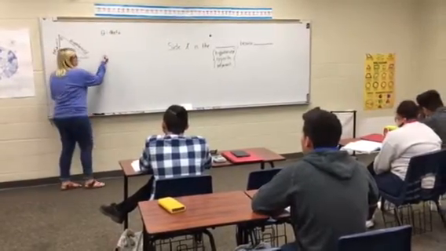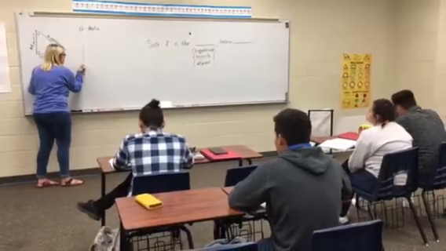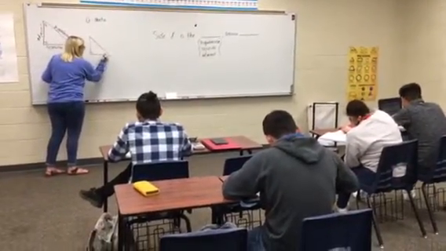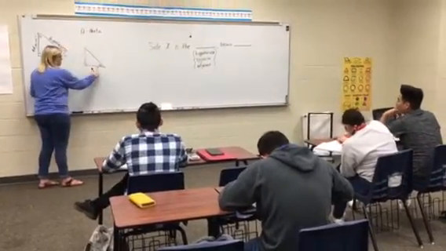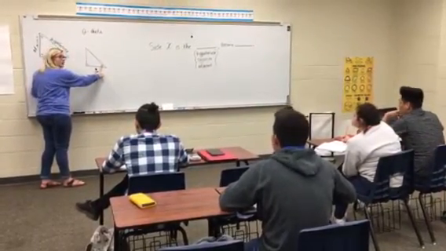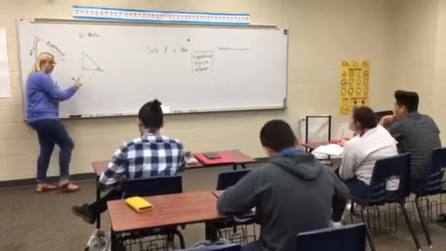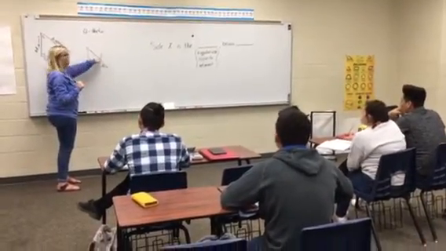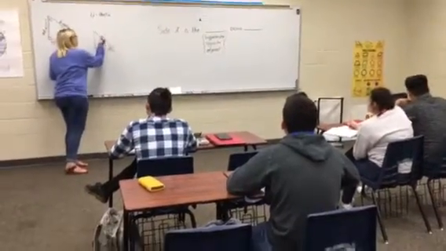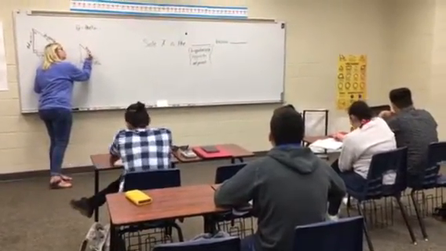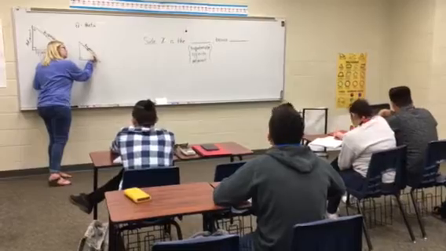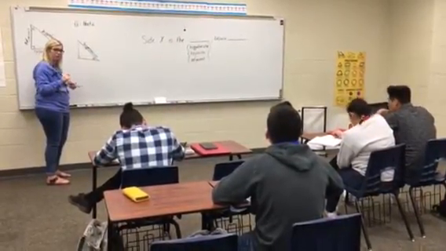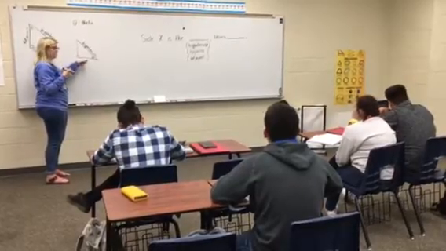So let's practice a couple. We'll draw a couple. What do we call this? Theta. Good. What is this side? Hypotenuse. How do you know? It's across from the right angle. Good. What is this side?